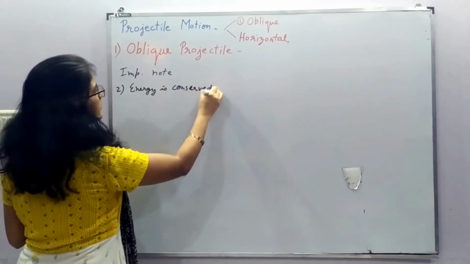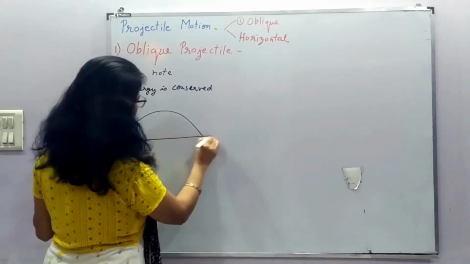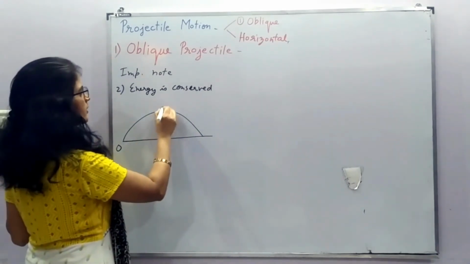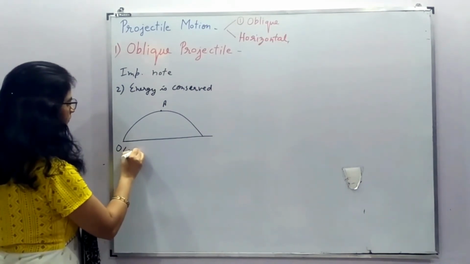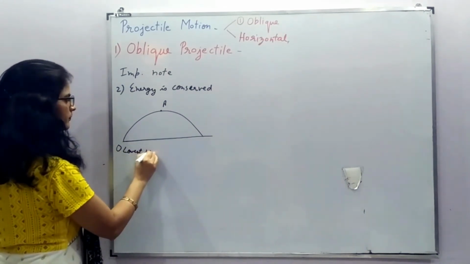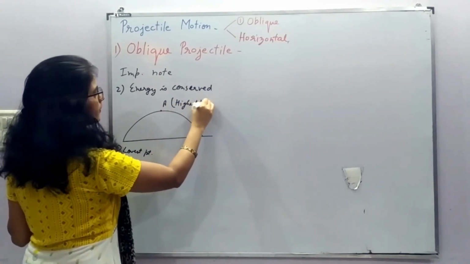Total energy is conserved. So what does that mean? If I am considering this projectile, this is point O, this is point A. I am taking both the points, the lowest point and the highest point. Right?